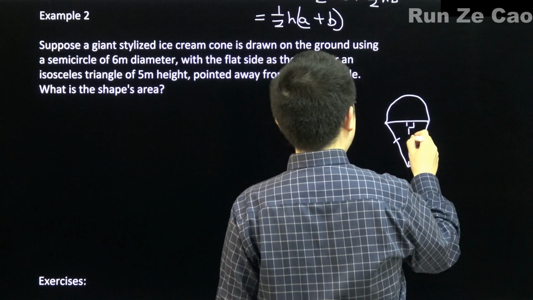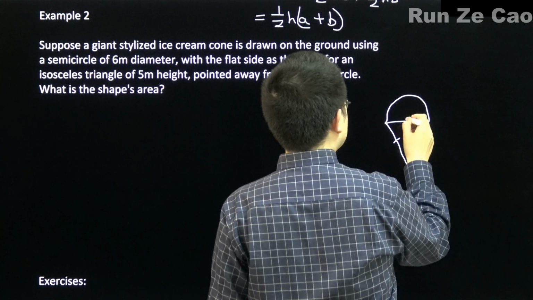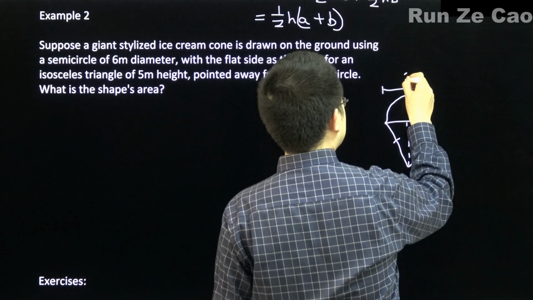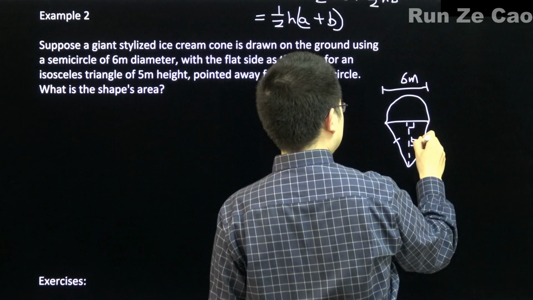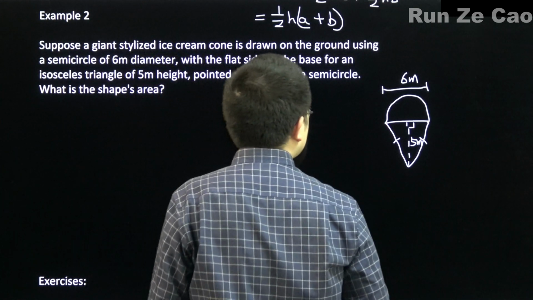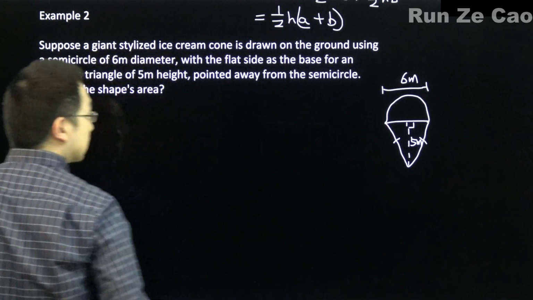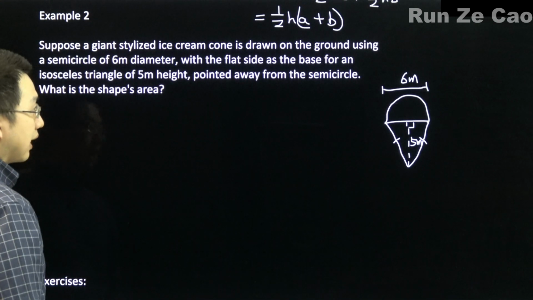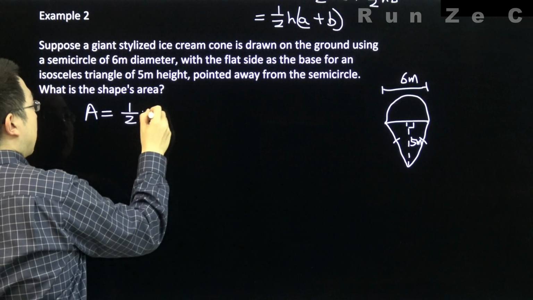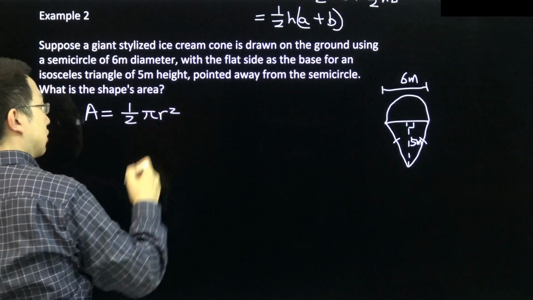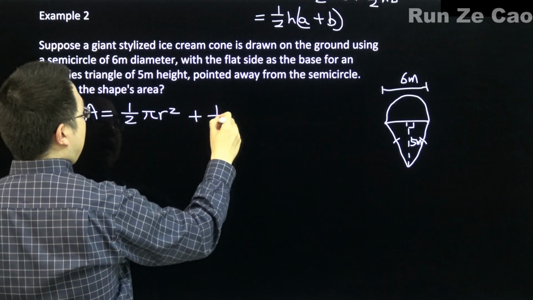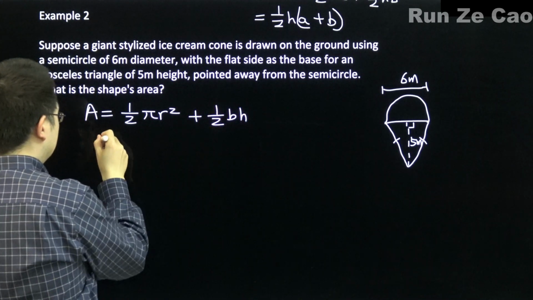This is 5 meters, and this whole thing across is 6 meters. That tells us that the radius is going to be 3 meters, and area is equal to 1/2 pi r squared, because it's a semicircle, it's half of a circle, plus 1/2 base times height.